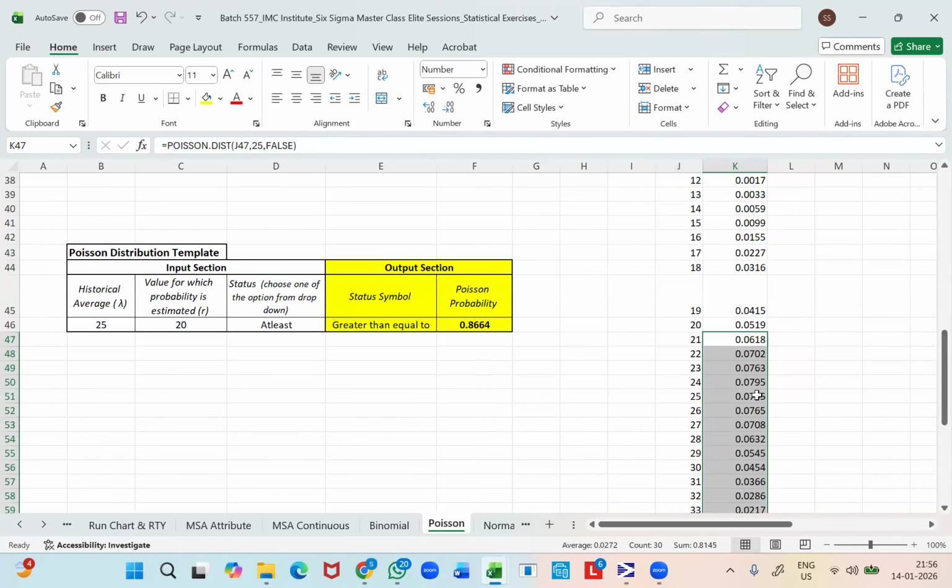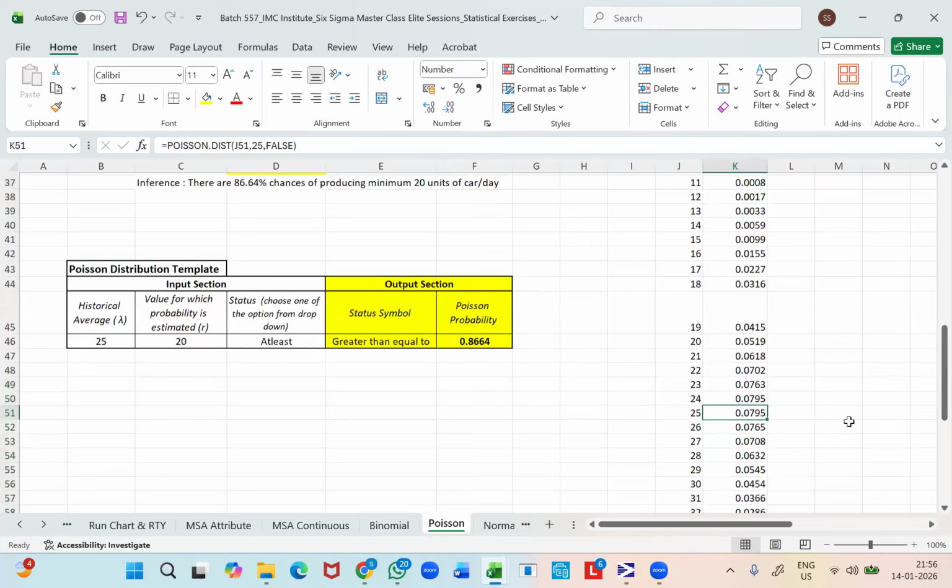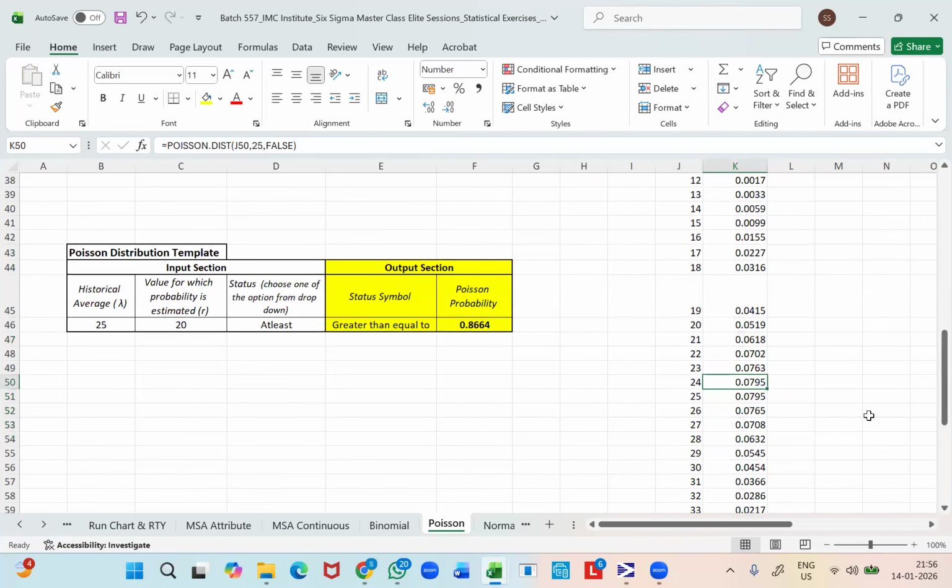Fine. So our 25, as we can see, it is the highest. Even though 24 is also showing the same number, 0.0795, if you expand further, 25 will be the highest. So for P of X equal to 25, we see the highest individual probability. Otherwise, on either side, the probability values are actually reducing.